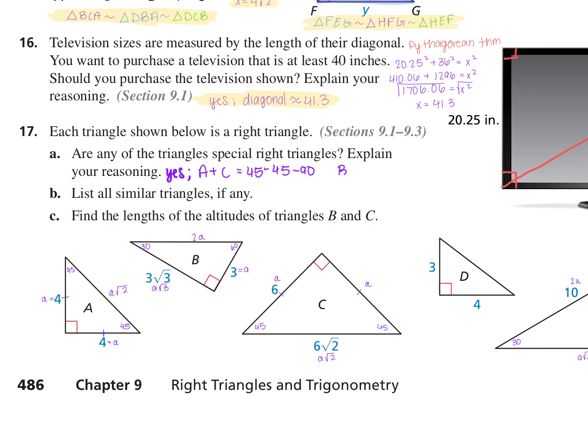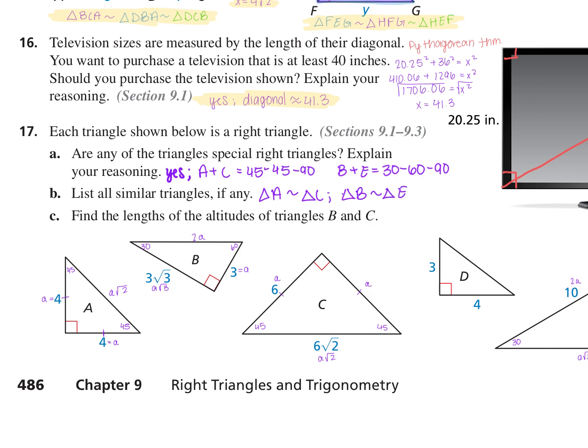And then my B and E are 30, 60, 90. All right, list all similar triangles, if any. So yes, that kind of states which ones are similar. Triangle A is going to be similar to triangle C, and triangle B is going to be similar to triangle E.